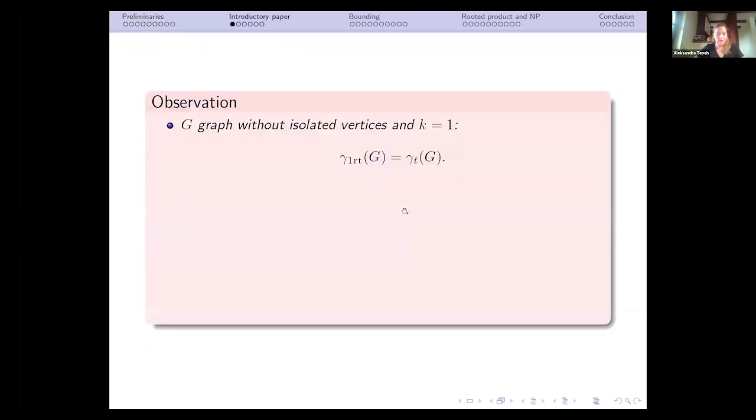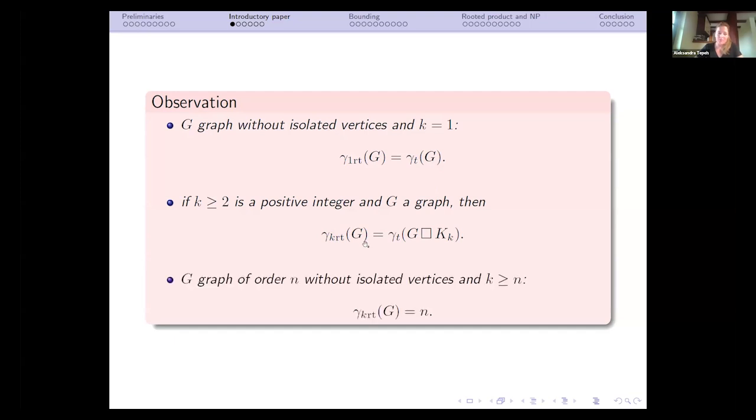Okay, now I will go briefly through the results of the first paper. We will start with some really easy observations. You will see that if a graph does not have isolated vertices, then this concept coincides with total domination. I will leave it to you as homework to derive this equality the same way as I did before for ordinary domination.